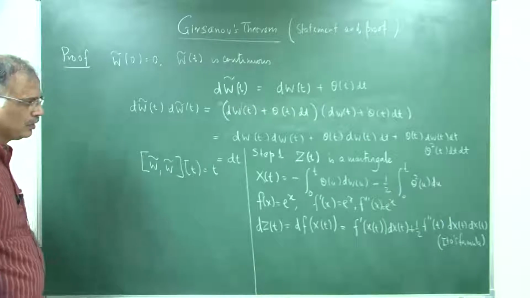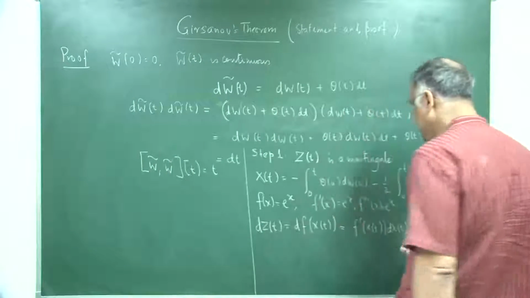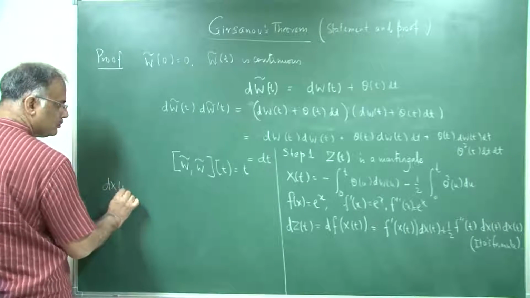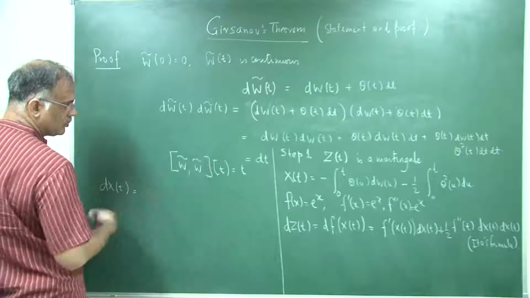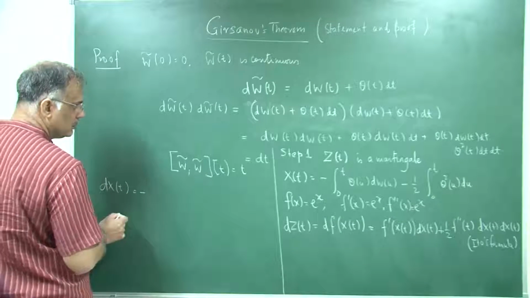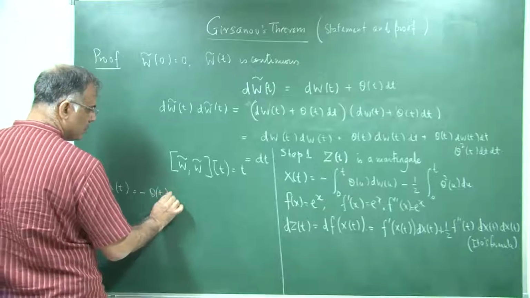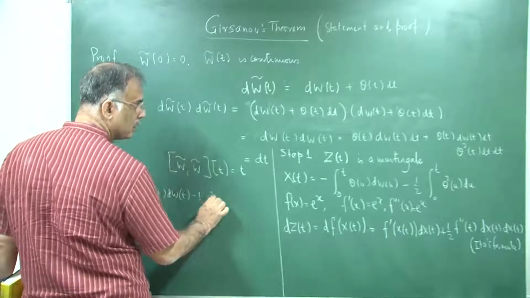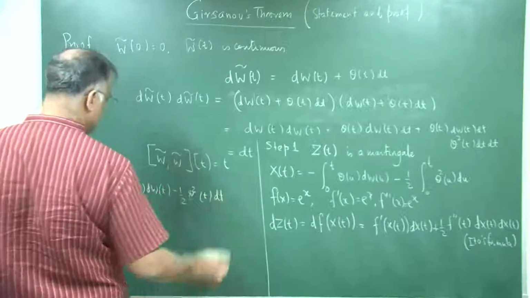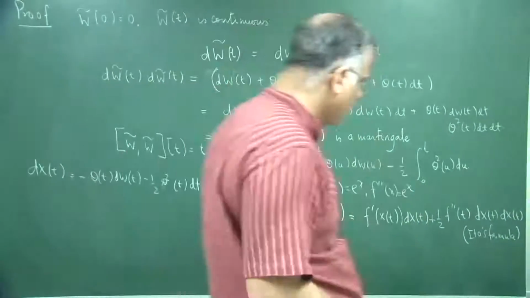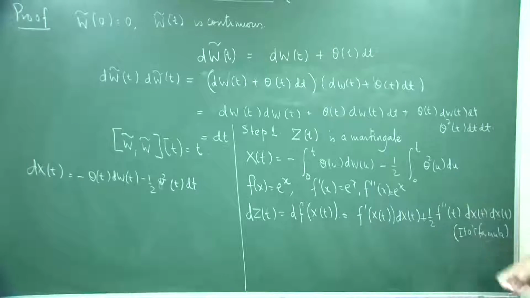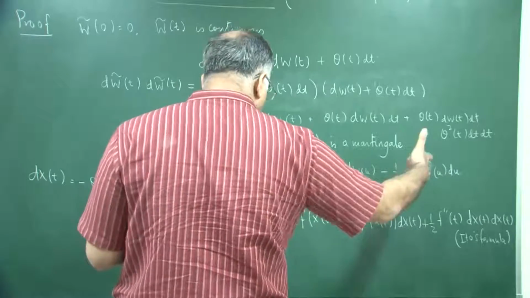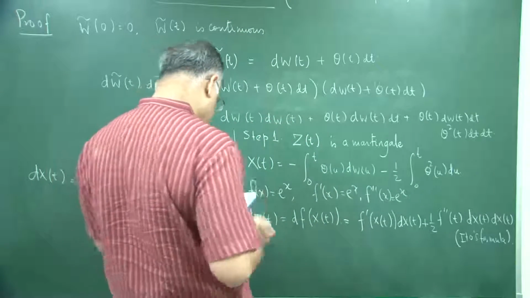Okay. Now, you know what dxt is. So, what is dxt here? x0 is 0. So, dxt is minus theta t dwt minus half theta square t dt. This is your dxt. I would ask you to find the quadratic variations yourself, just to try it out. I am writing down the answer. Always use shorthands. Whenever you have the Ito integral, you can write them in the form of stochastic differential equations.